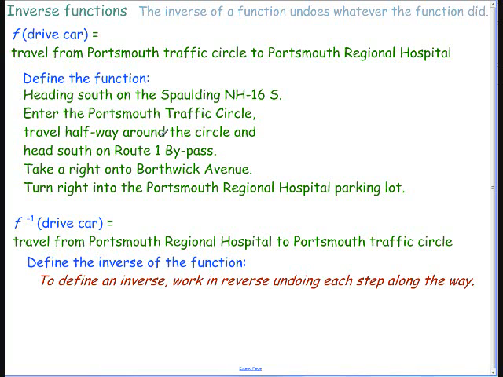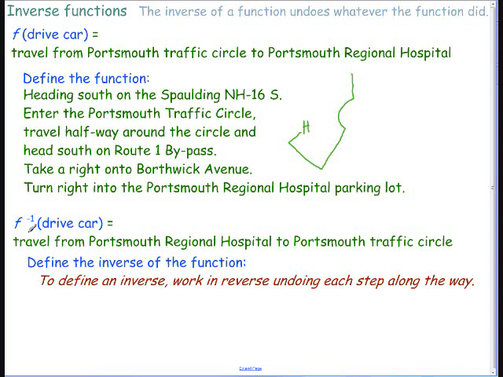I travel only halfway around it, right? So I come down and travel not even quite halfway around it, do I? And then I head south on the Route 1 bypass. And when I get to the sign that says hospital, which is at Borthwick Avenue, I take a right and travel down that little ways, and then I go into the hospital parking lot.